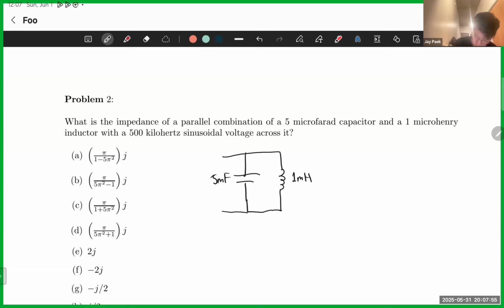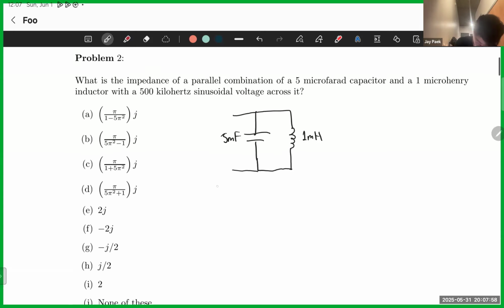Well, the impedance of this: the capacitor is C and the inductor is L. Then ZC is equal to 1 over J omega C, which is equal to 1 over, well, we have 500 kilohertz.